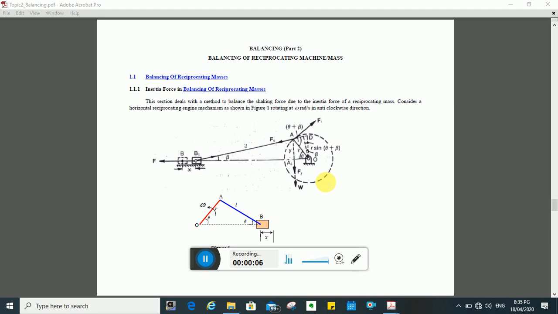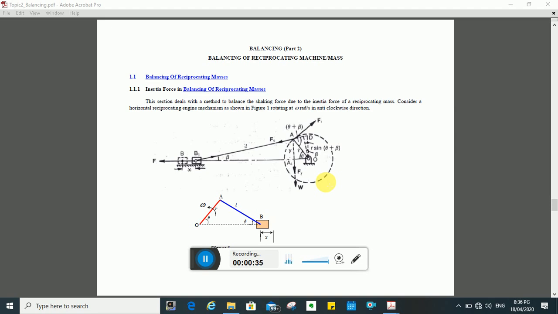So for today we will continue our part 2 lesson in chapter 2, balancing of reciprocating machine or mesh. As I mentioned before in part 1, whenever a certain mesh is attached to a rotating shaft, it will produce some centrifugal force, where the effect is to bend the shaft and to produce a vibration.